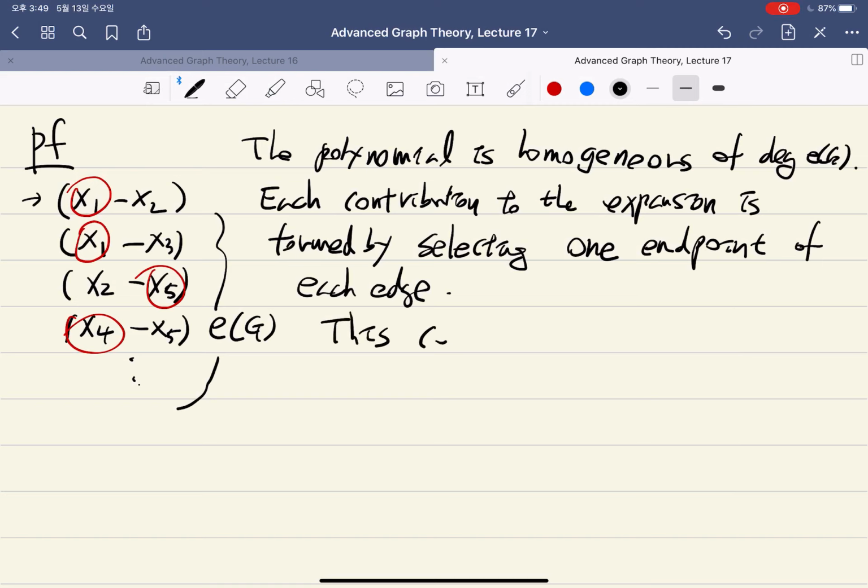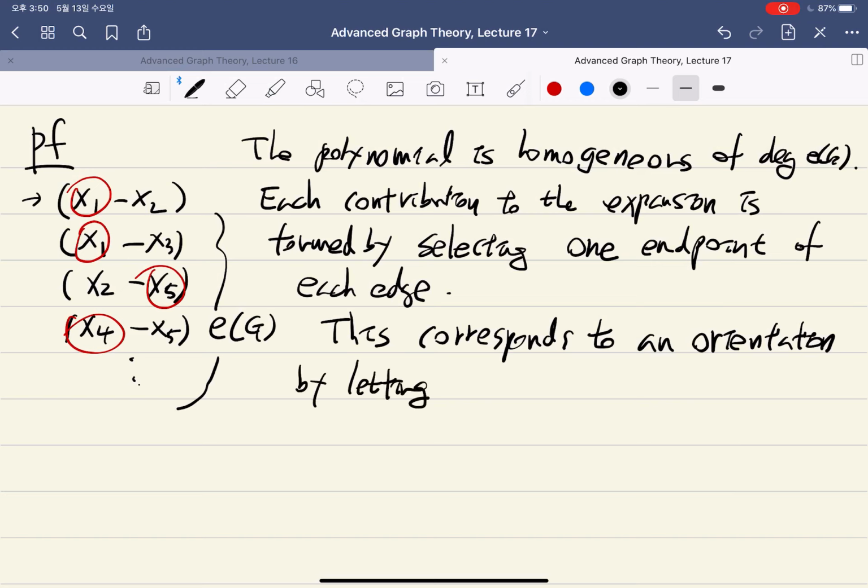And this corresponds to an orientation, by letting the selected vertex be the source of the edge.